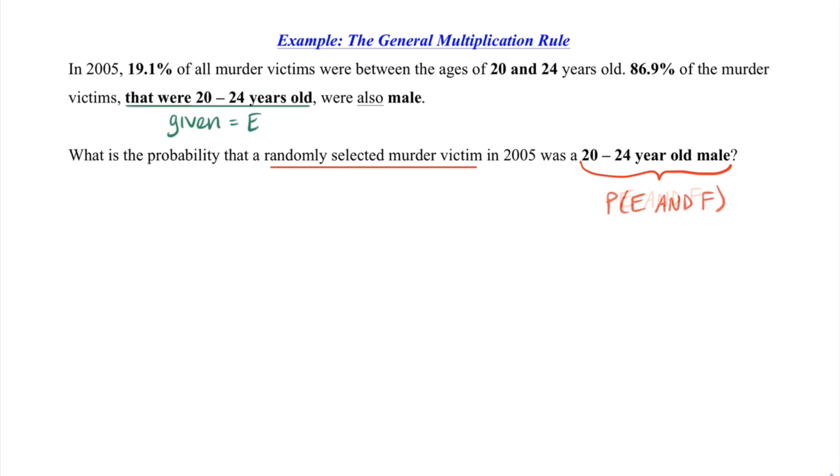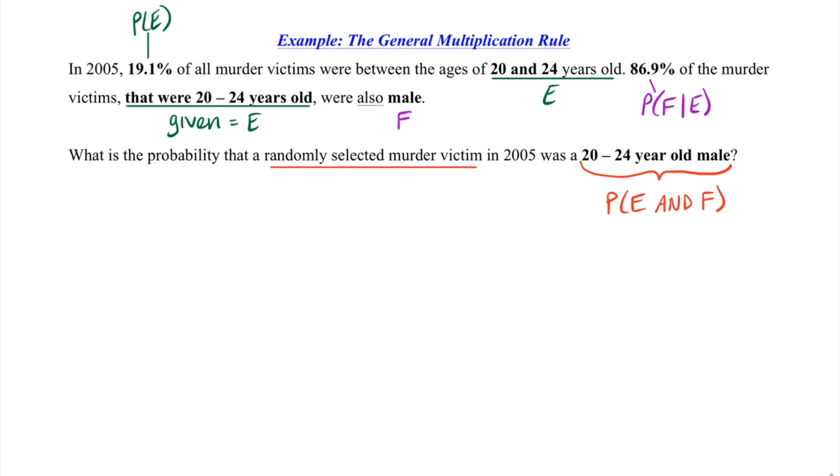Since they say that were, meaning that part is given, that establishes which aspect is our event E. If we're okay with that, then the aspect of gender becomes our event F. So we have male being the event F, age being event E. That means our 19.1% is still the probability of event E, since it's discussing age, and that 86.9% would be the probability of event F given E. It's 86.9% of the murder victims were male, given that they were 20 to 24 years old. So if we're only looking at the 20 to 24-year-old murder victims, 86.9% of them were male.